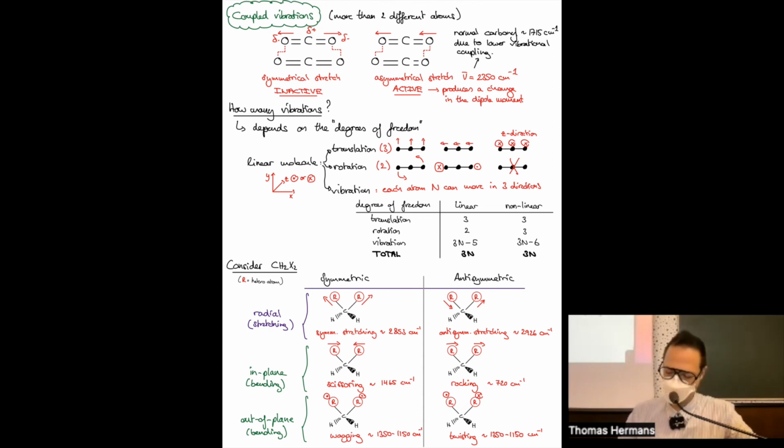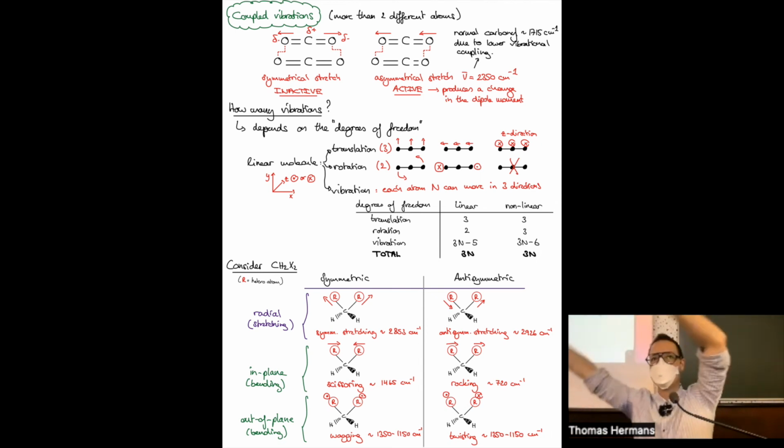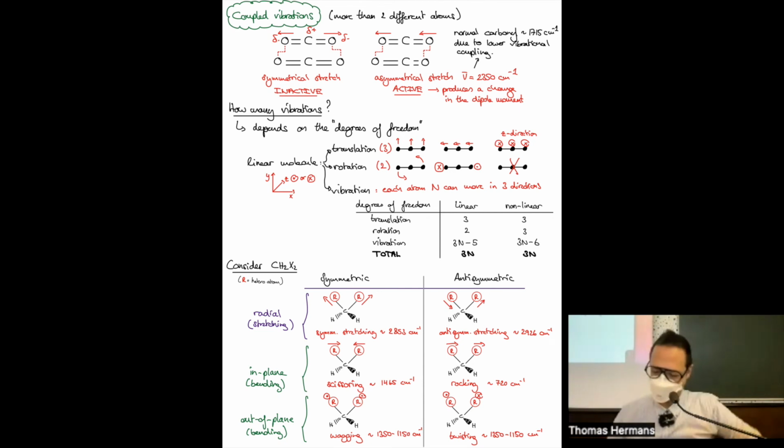And the other one, it's similar, it's rocking. So it's with two arms at the same time. Okay, so rocking, 720 centimeter minus 1. Okay, we have some more funny names coming up.